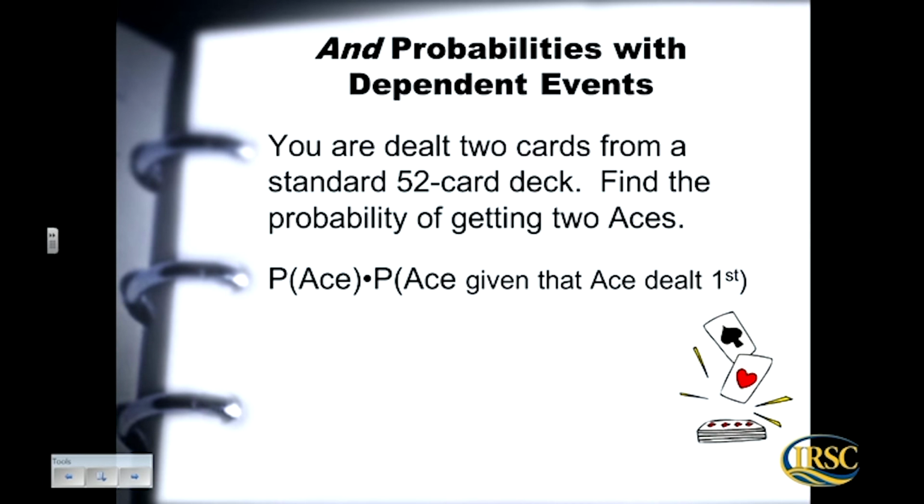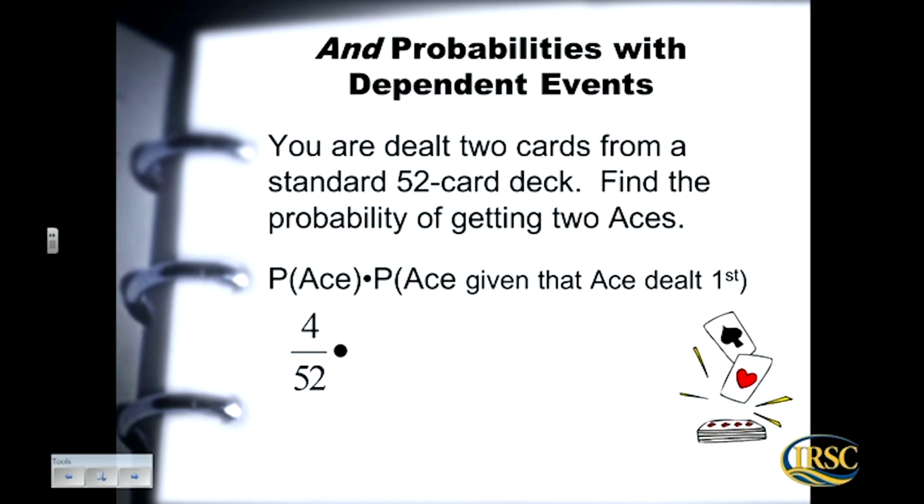Okay, so when you get the first card, what's the probability of getting an ace that first time? 4 out of 52. Okay, there are 4 aces in the deck out of 52 cards. Okay, so there's your first probability. All right, so now you got your first card, and you need to assume that that's an ace.